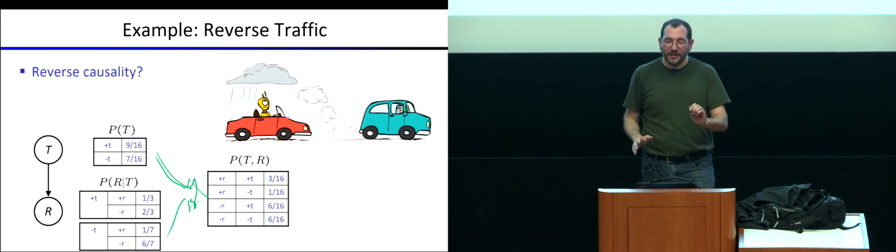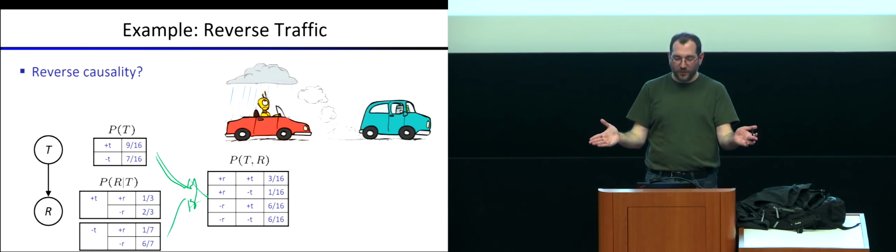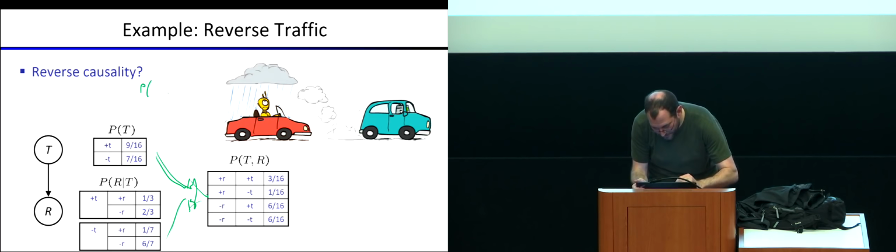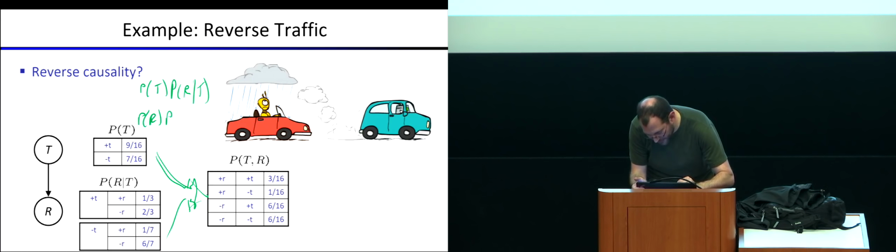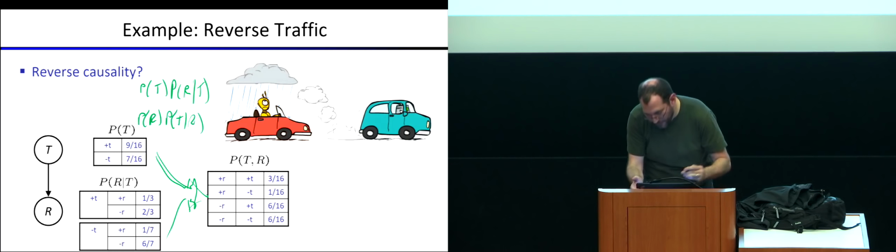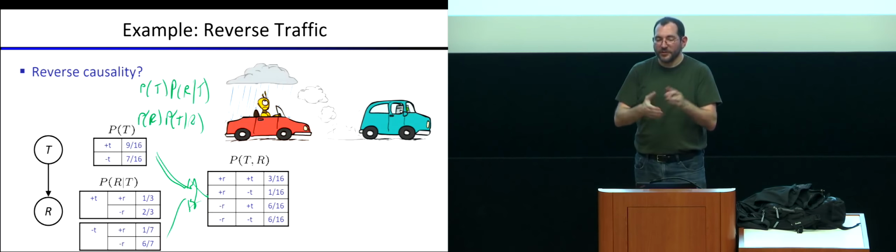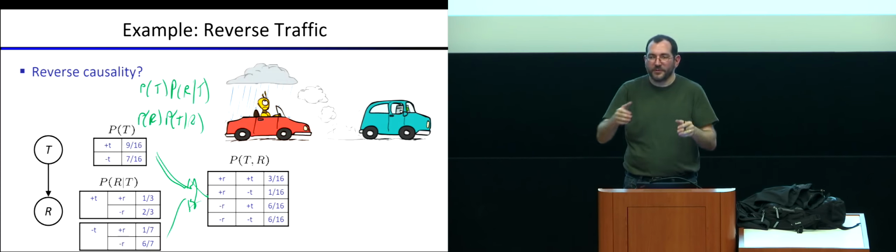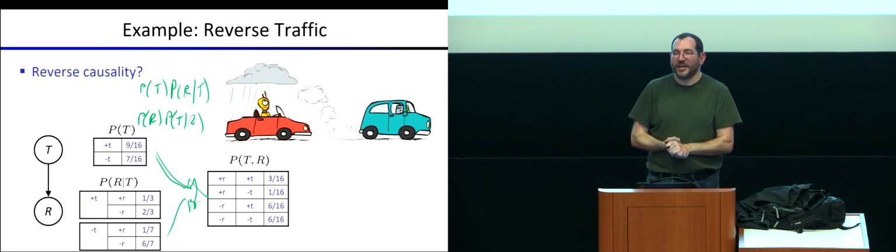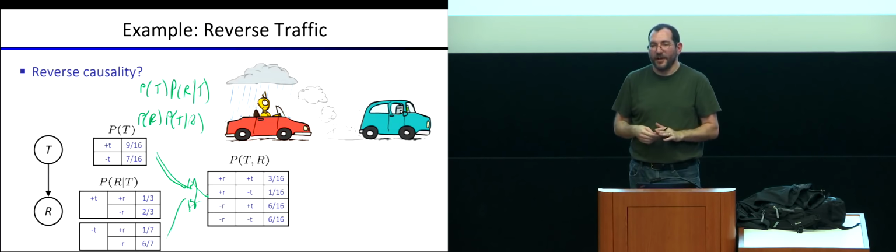But mathematically, it is just an expansion of the chain rule. And P of T times P of R given T and P of R times P of T given R are both, in general, for any distribution, just going to be the joint. Until you start getting 3 or more variables, or there's no arrows, you don't actually have any claim about the underlying distribution.